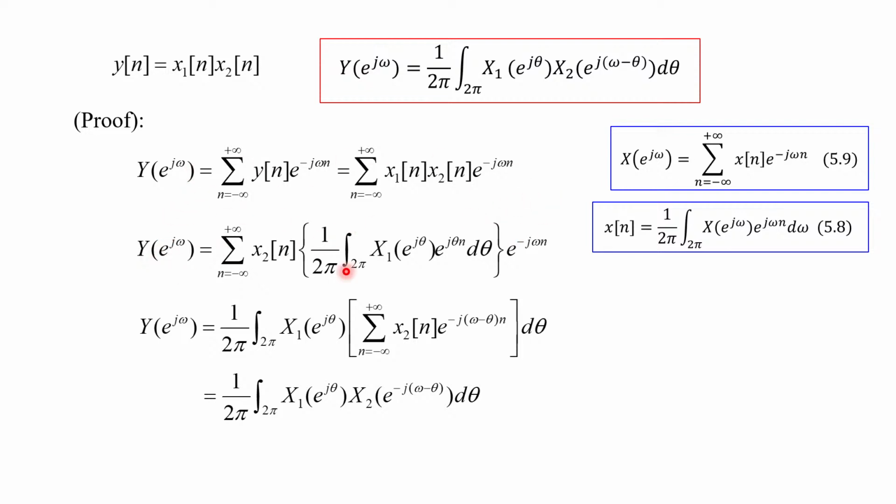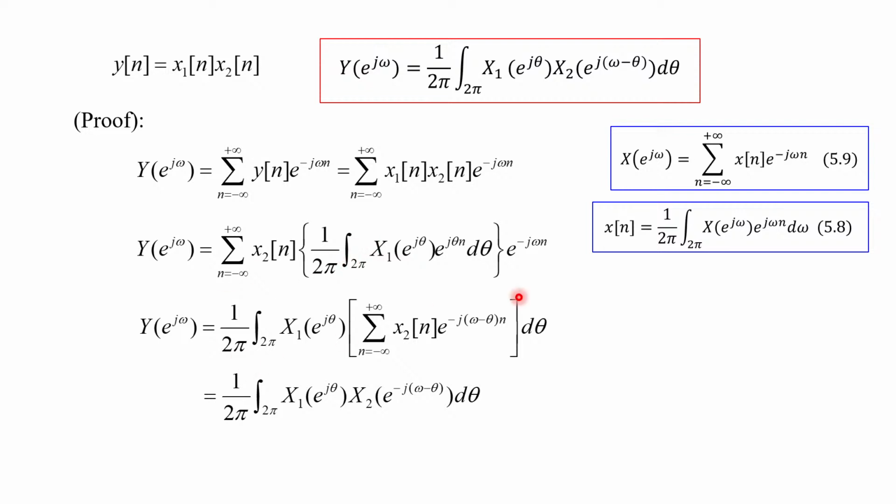In this integration, this ω is a dummy variable, so let's call this dummy variable θ instead. Okay. So in the integration, all the ω is now θ here. And then we do our favorite change of ordering. Instead of the summation and integral, we do integral and summation. Okay.